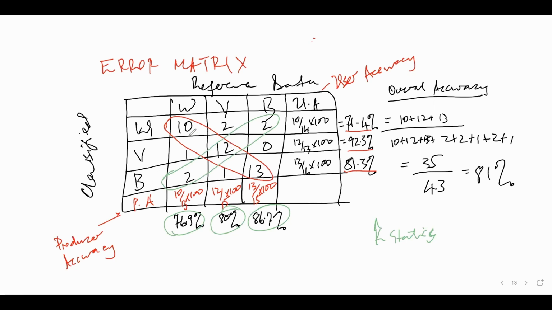This one is where we have vegetation, which is mapped vegetation. And then here, it was mapped water, but reference data was built-up area.